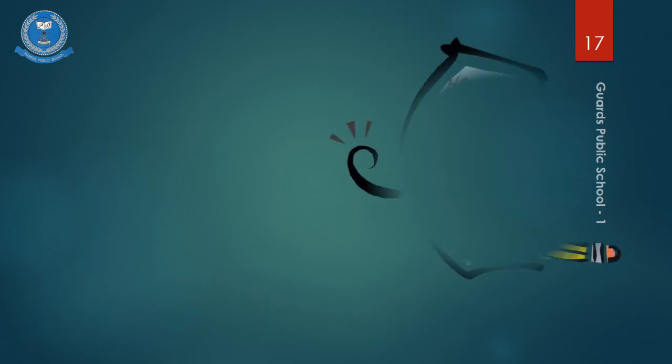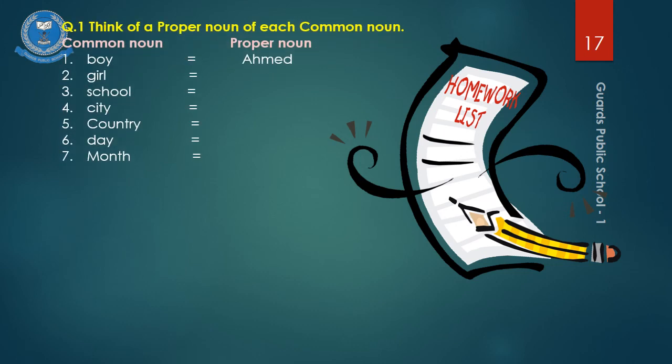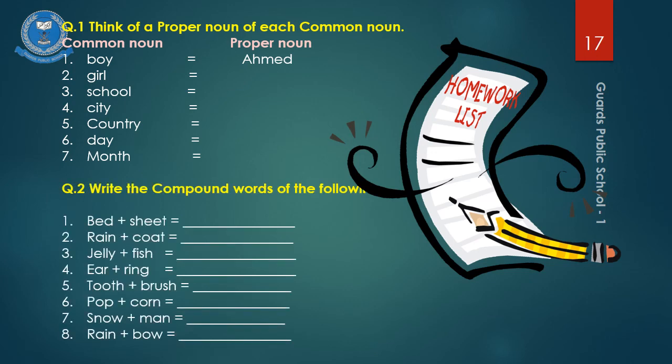Homework list. See what you all have to do in your copies. Question number 1. Think of a proper noun of each common noun. See, I have given you some common nouns and you have to write the special names, means proper nouns, of these common words. The first one has been done for you. Question number 2.